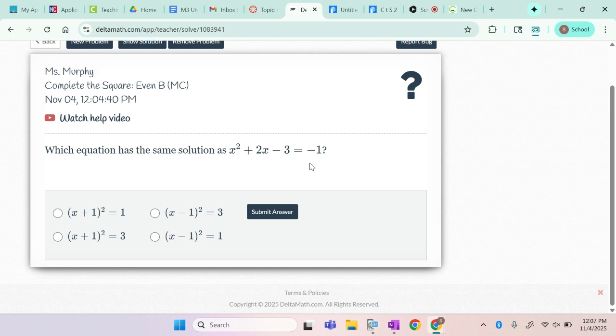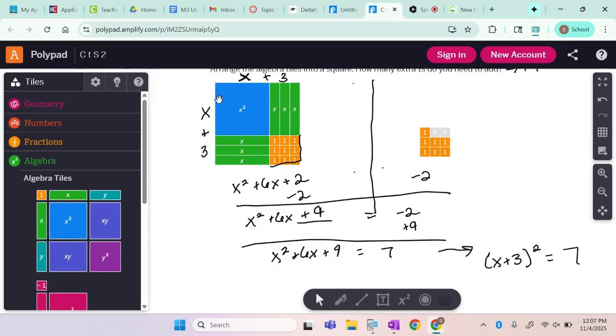So if we look back at our previous problems, one side length was the square root of our first term, so the square root of x squared is x. The square root of our last term, so the square root of 9 is 3, and we kept the sign of the second term.